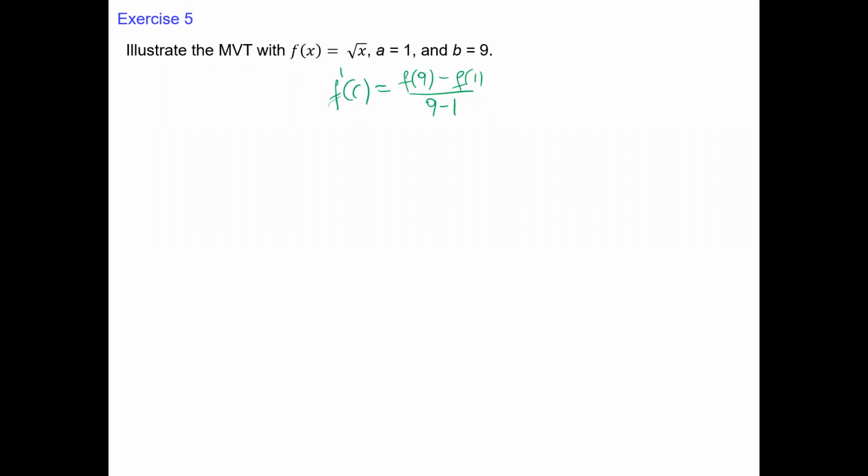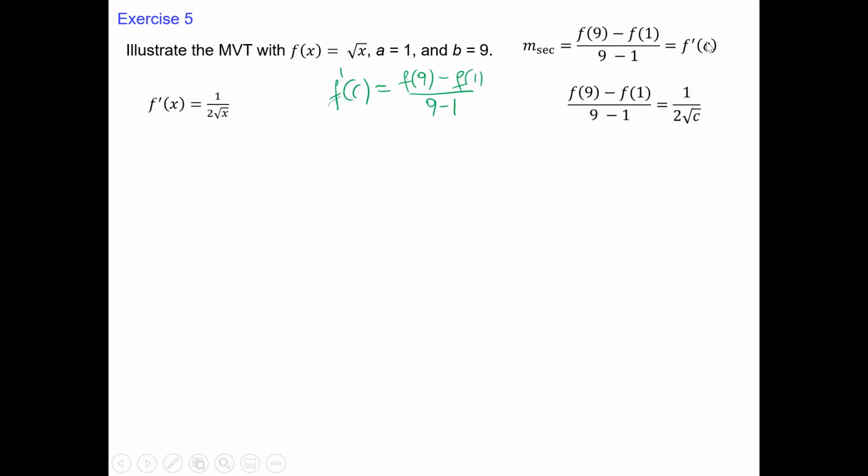So what can we do? The derivative of the square root of x is 1 over 2 square root of x, and I can substitute here: secant line and tangent line. Solving this, we may find that point c.